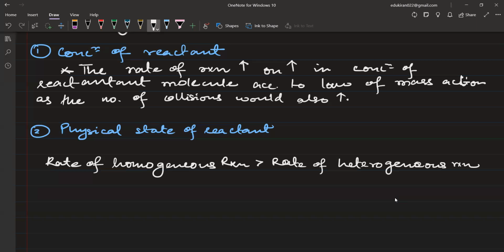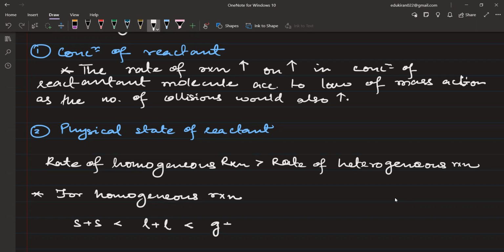That means a reaction involving one phase in the reactant and product is going to be faster than those reactions which involve different phases of reactant and product. And for homogeneous reaction, solid plus solid will be the slowest because particles will not collide as rapidly, followed by liquid plus liquid, followed by gas plus gas.